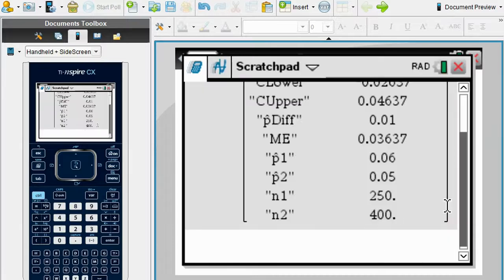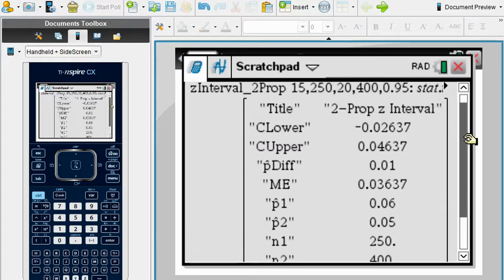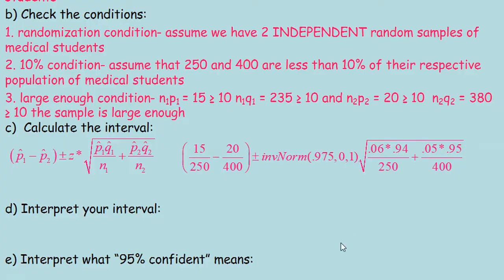And then this is going to give you your upper bound and your lower bound. So this is the difference in the proportions, somewhere between like negative 0.02 and positive 0.04. So between negative 2% and positive 4%. You can copy them down as decimals or you can change them to percentages. Either way is correct.